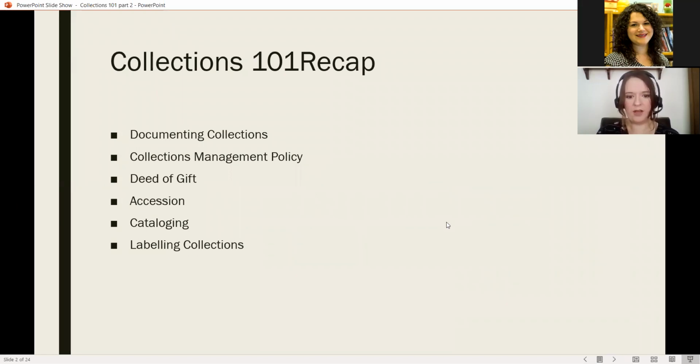So quick recap, on Tuesday we talked about basically collections management policy, the types of things that you include in your policy to document your collections and make sure you know where everything is, when it is, and what it means to the public and what it means to your institutions. So we talked about deed of gift, we talked about accessioning and acquisition, we talked about how to catalog and do inventory, and we talked about labeling collections.